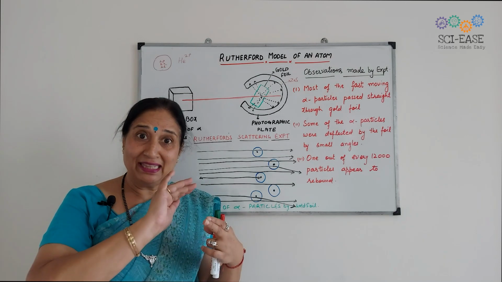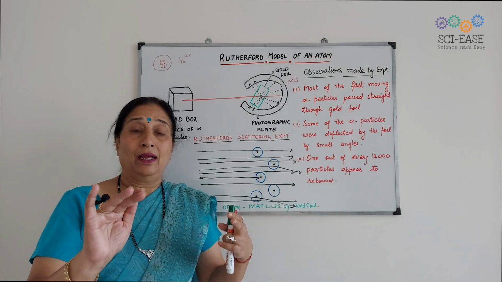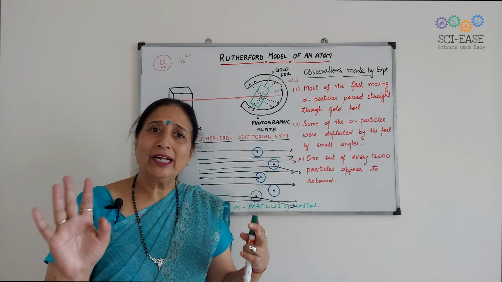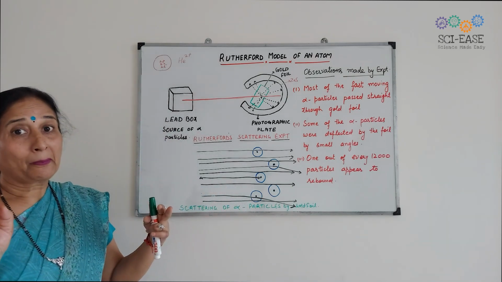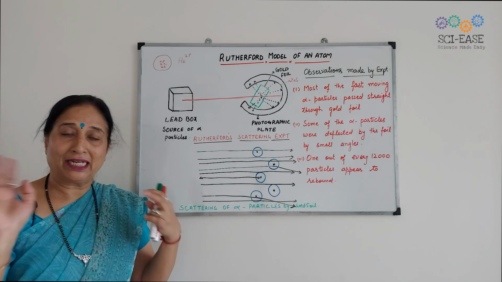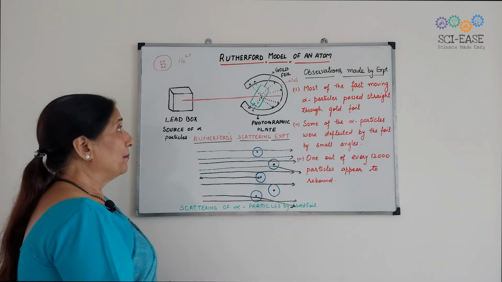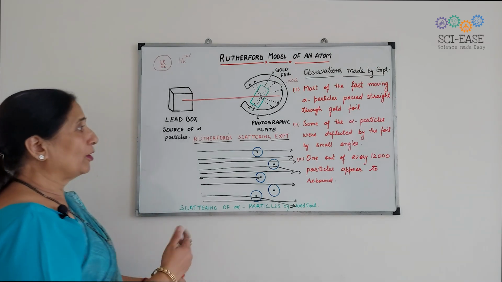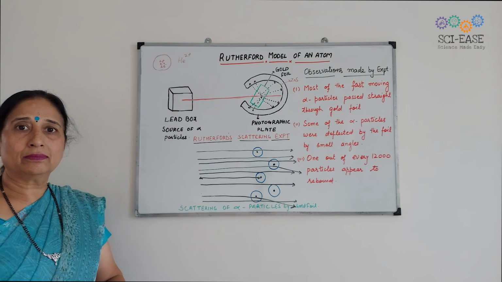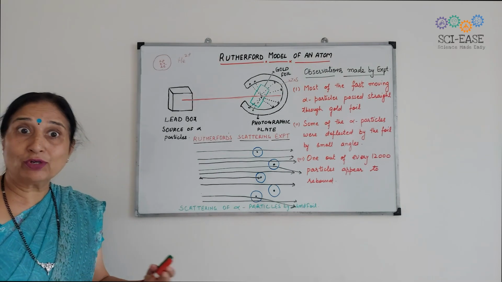He was expecting that when they pass through the gold foil, there will be a small deflection in these alpha particles. There will be a small deflection. But what was his observation? That was altogether different. He was surprised.